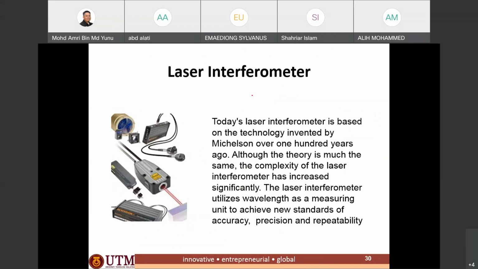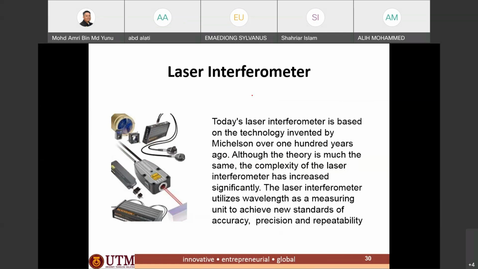And then there's another optical device, called the laser interferometer. It is based on laser technology, where it utilizes wavelengths as a measuring unit to achieve a standard of accuracy, precision, and repeatability.